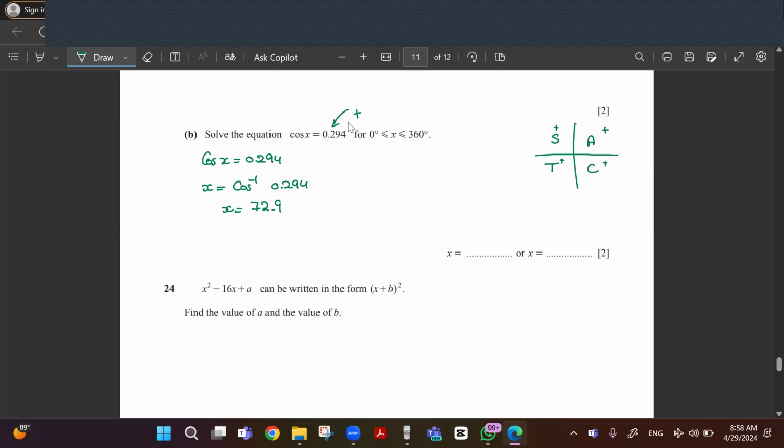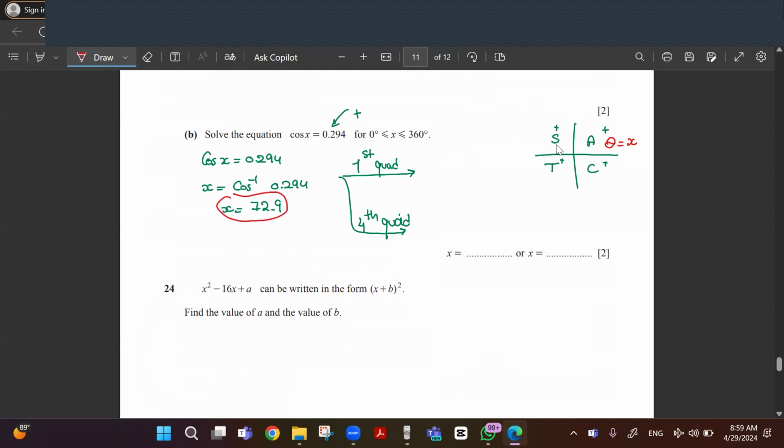So search where cosine is positive: in the first quadrant, where all of them are positive, and in the fourth quadrant. Let's recap quickly. In the first quadrant, theta direct equals the x we got.